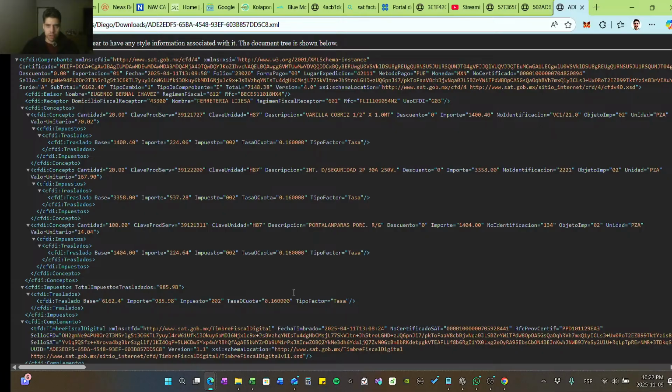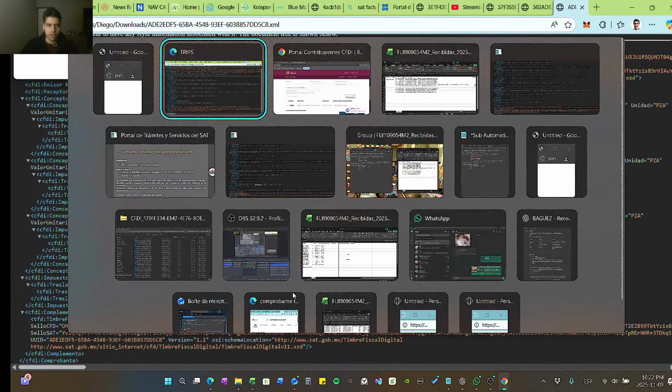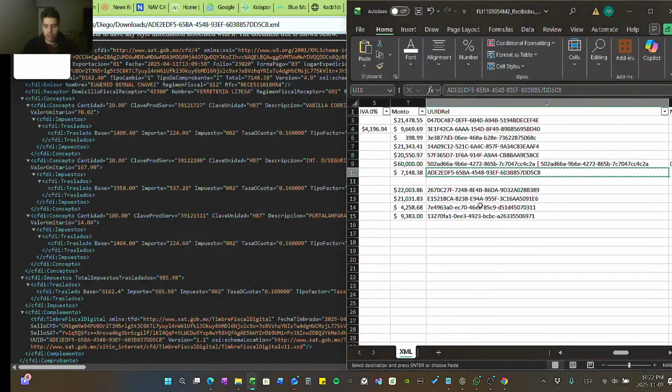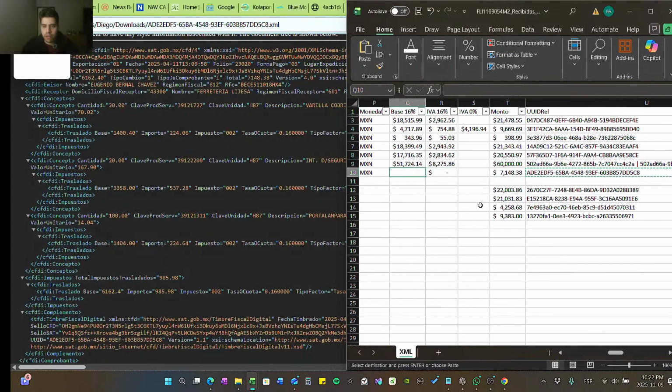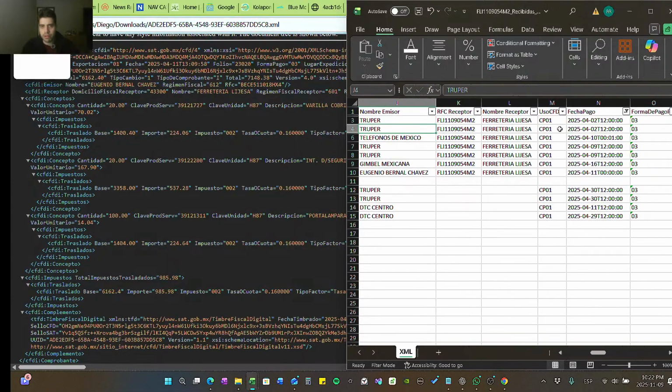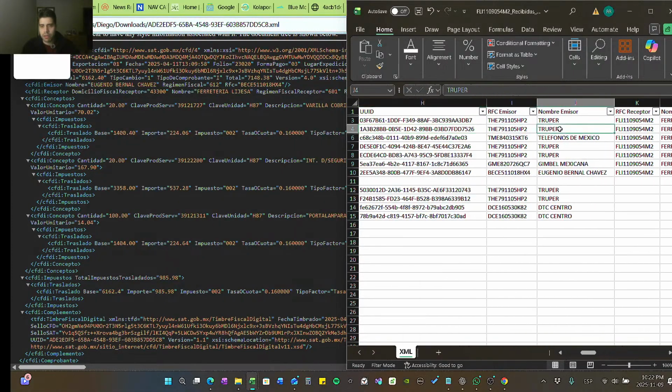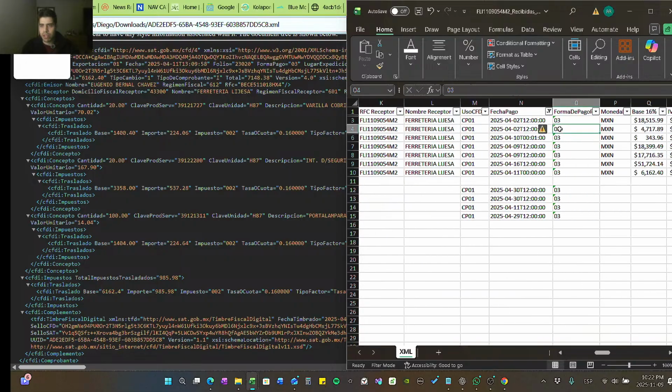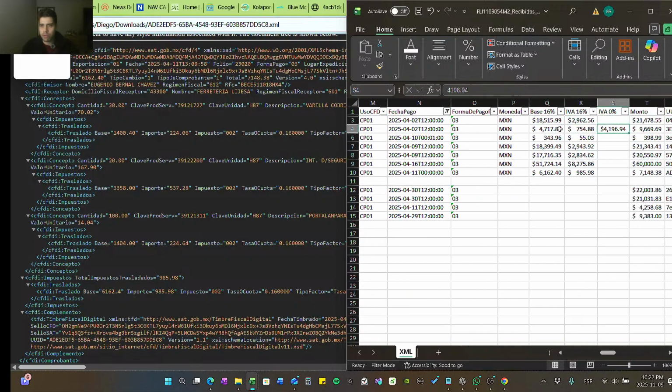There's no 0% at all here. So I can do the same thing here. So there was only one invoice who had 0% rate within some product or service.